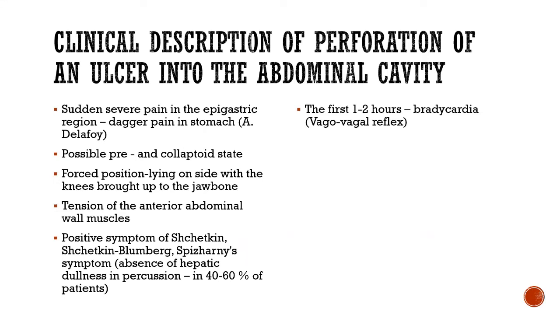In the first 1 or 2 hours there will be bradycardia due to vagal reflex. A pre-collapsoid state is possible after the bradycardia. The forced position is lying on the side with the knees brought up to the jawbone.